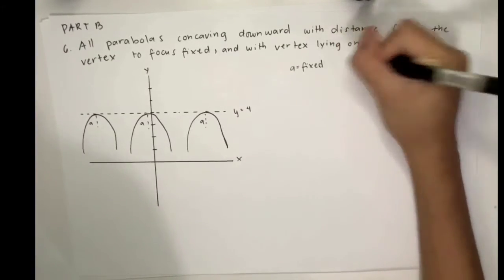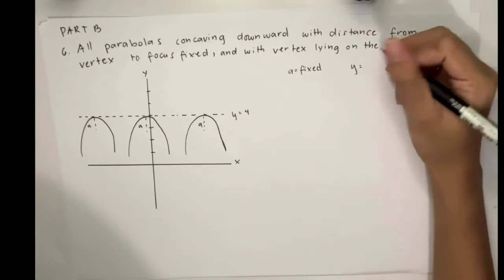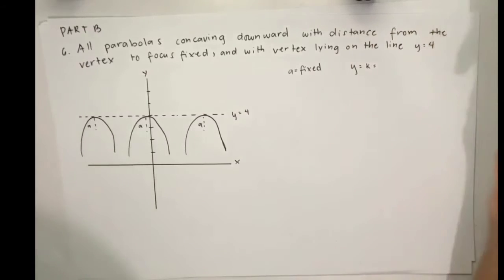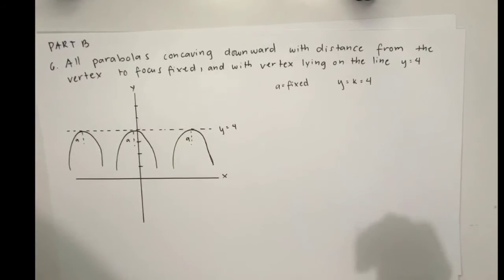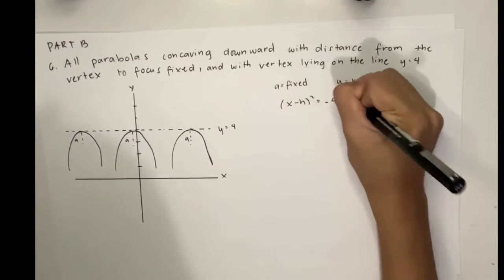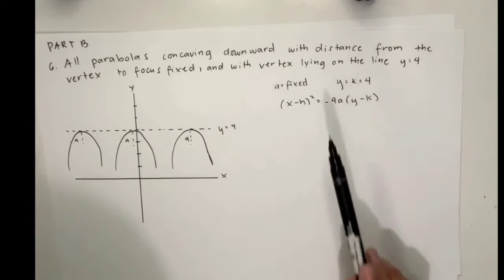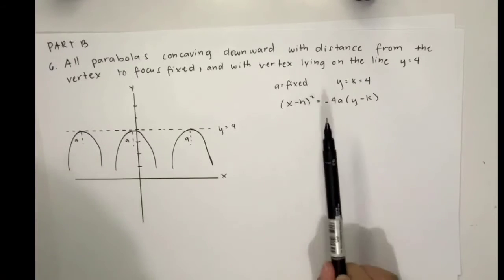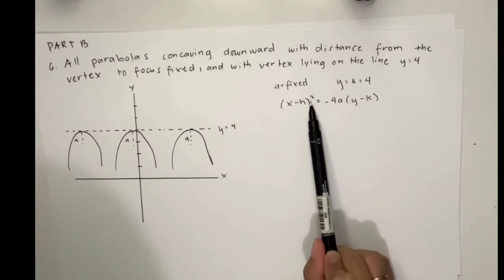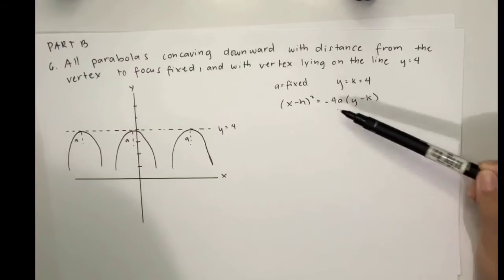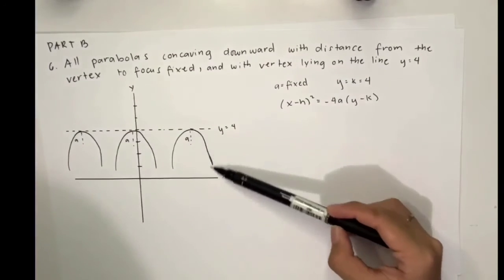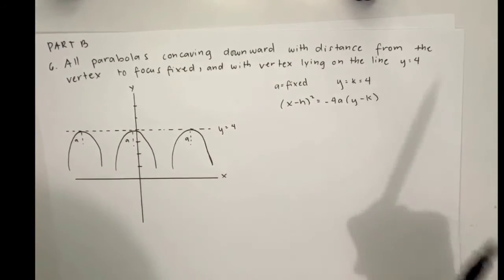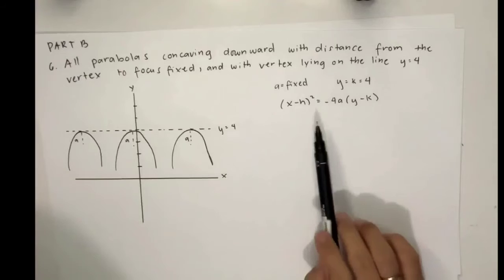So we can say that y is equal to k, and we can use this in our equation of the parabola. The general equation for a parabola is (x - h)^2 = plus or minus 4a(y - k). But since all of our parabolas concave downward, we will use the negative sign to indicate that.